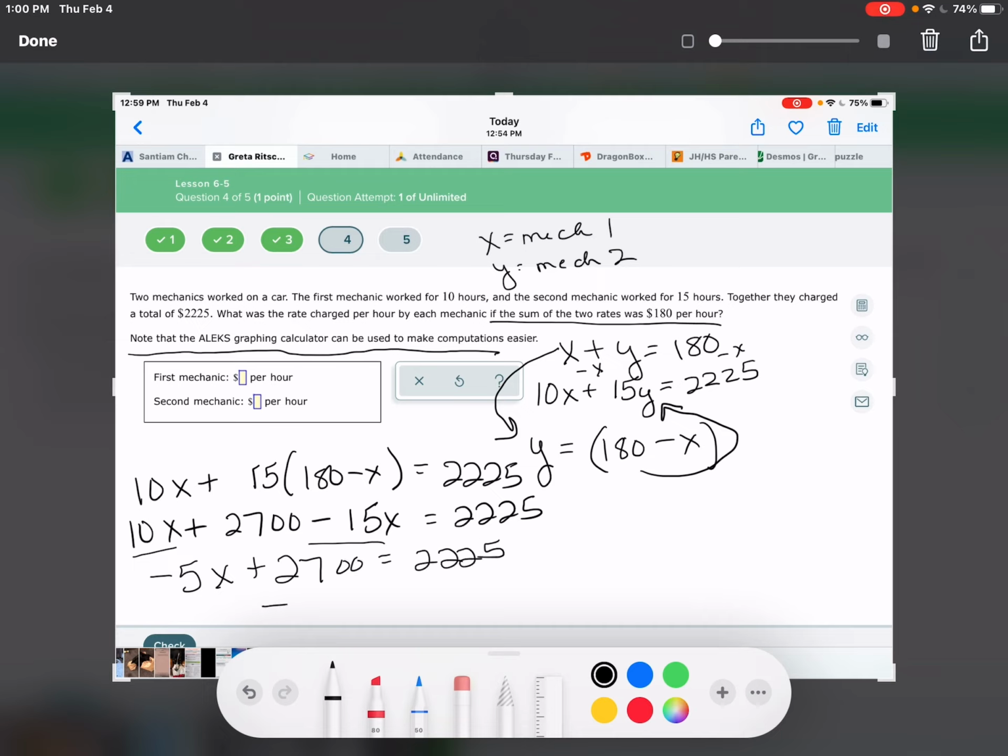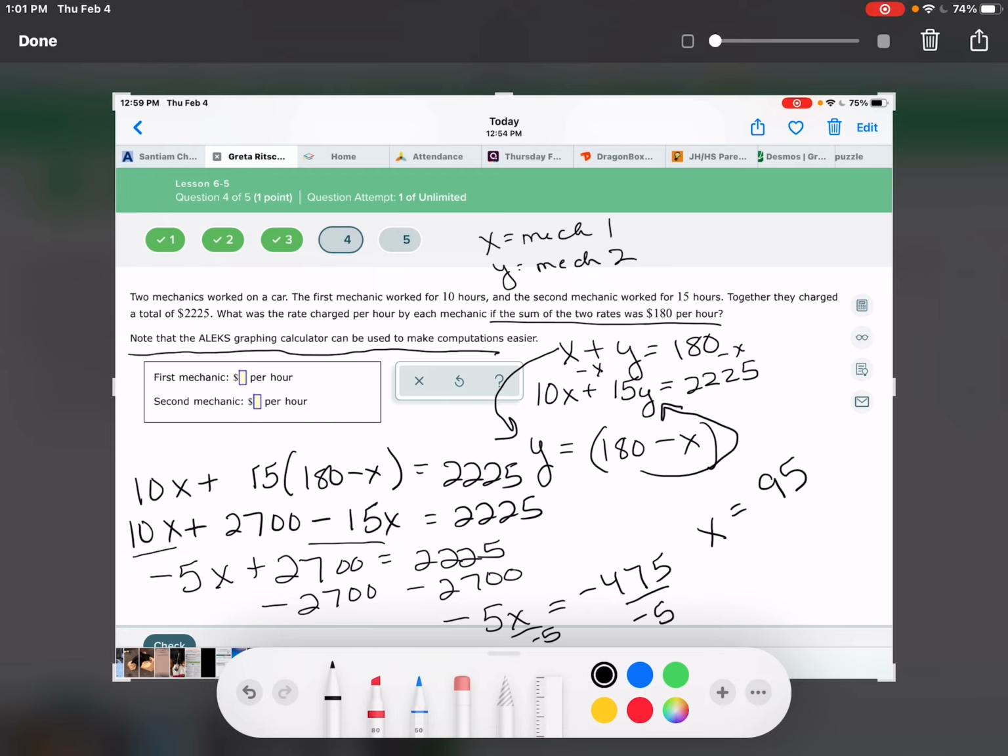And I can subtract 2,700 from both sides. And I get negative 5x equals 2225 minus 2,700 gives me negative 475. I'm going to divide by negative 5. Sorry for going sideways here. X equals negative 475 divided by negative 5, which is 95.